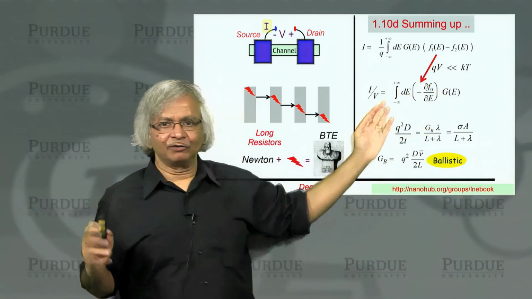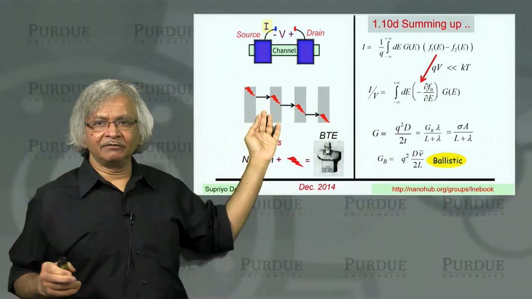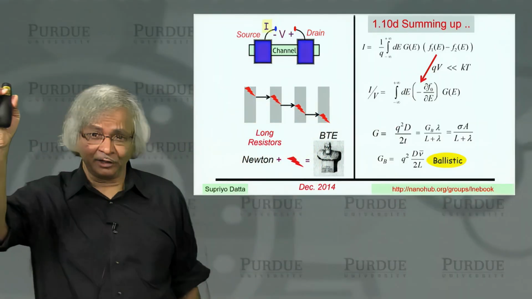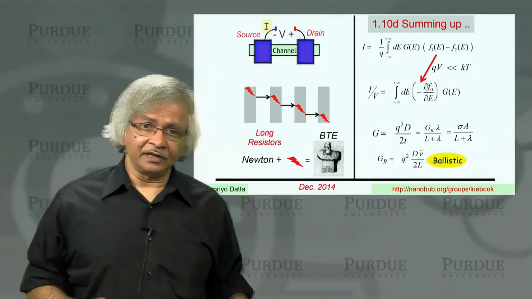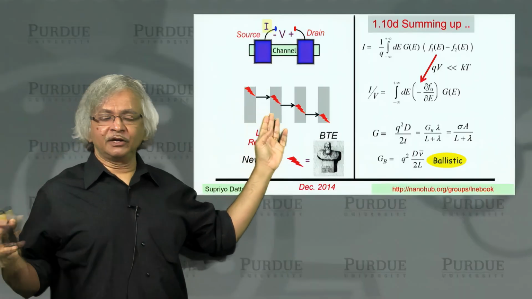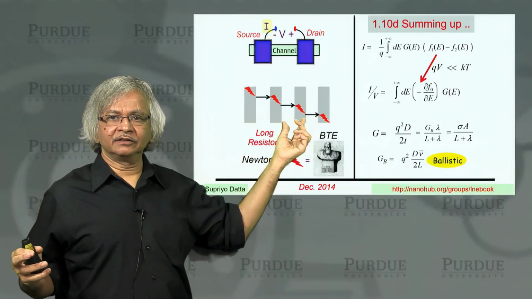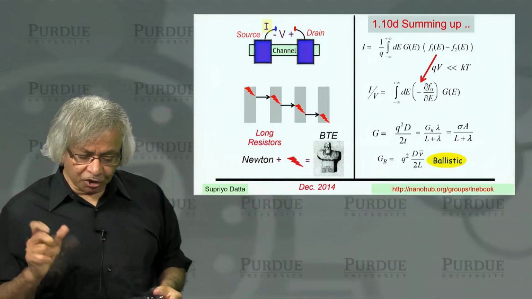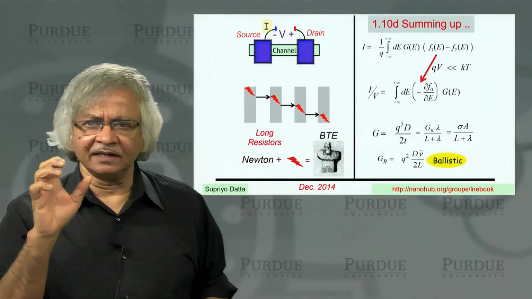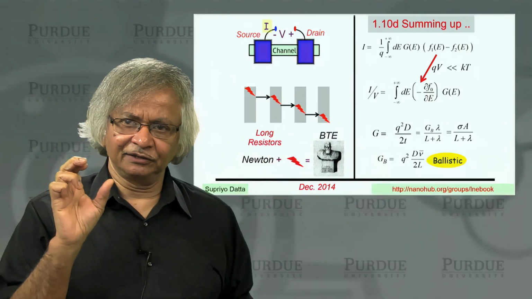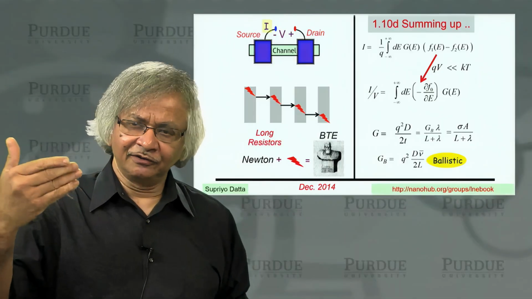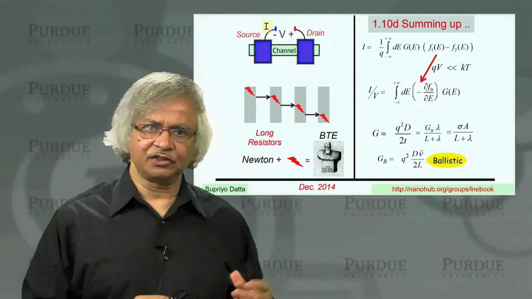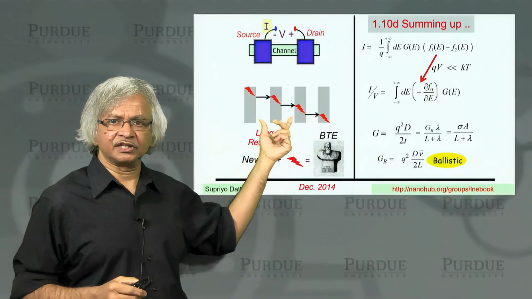And that is where what you have to remember is, when you have a long resistor like the one you buy from Radio Shack, in order to apply this point of view, you have to break it up into little resistors. And the length of each section should be much less than an inelastic scattering length, the length that an electron traverses before losing energy. So you should use a relatively short section here.